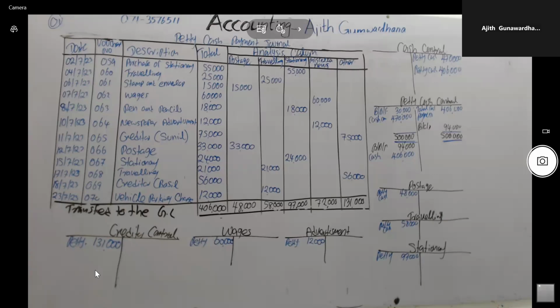If it is given payment for creditors should be recorded other column. First one, complete petty cash payment journal. Then think how to record the ledger account also.